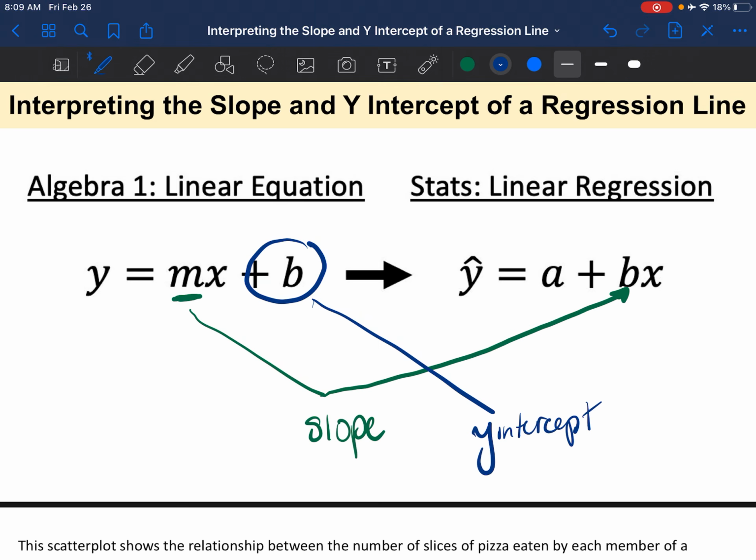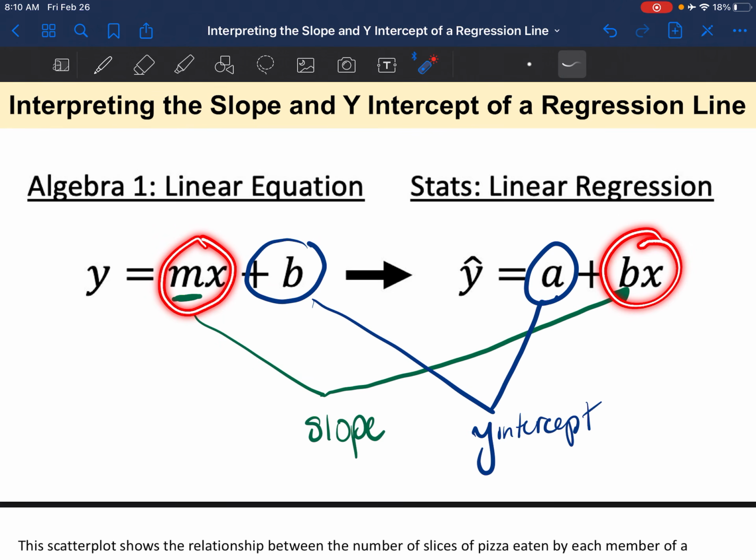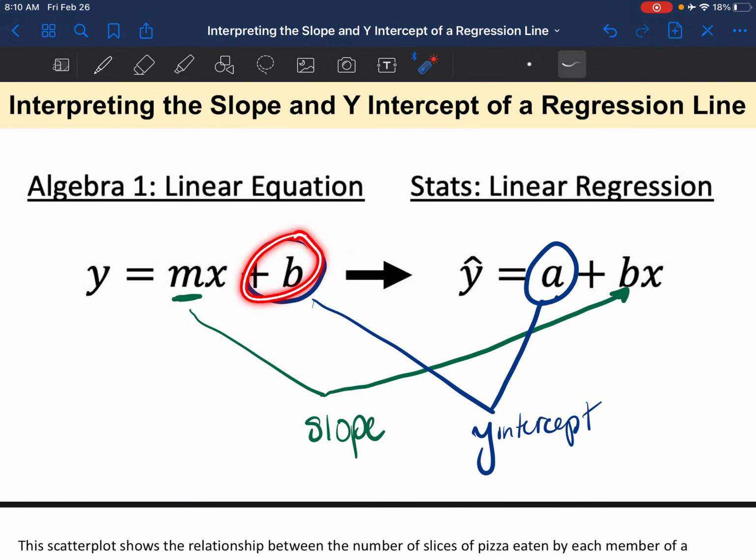And in a regression line, that is the letter A. So don't get confused and think B and B. Look at what it's with. MX and BX, those are similar. B is by itself and A is by itself. That is your starting point. That's your y-intercept.